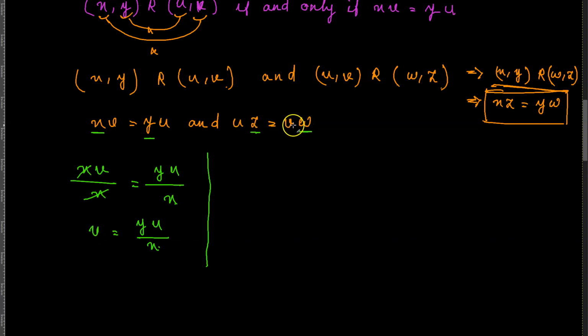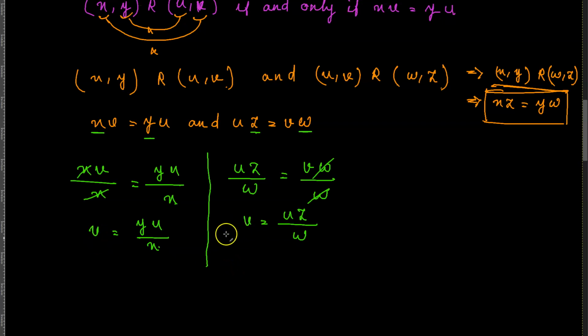So looking for v, I'm going to divide both sides of this equation by w, meaning that I'm going to write u times z divided by w is equal to v times w divided by w. These two will cancel out. You have v is equal to u times z divided by w, right?